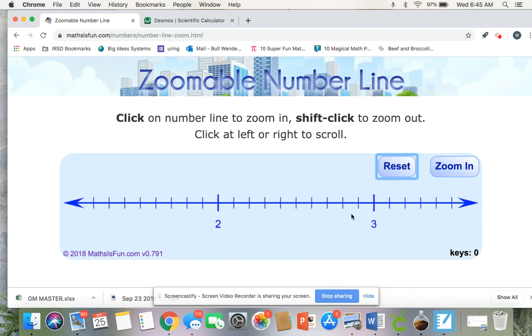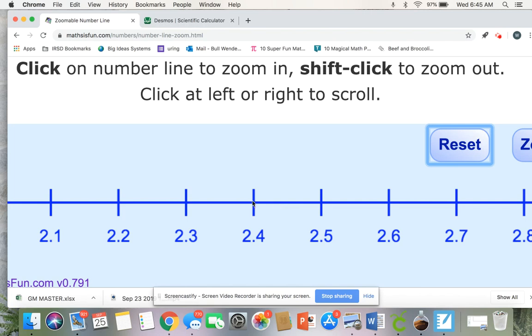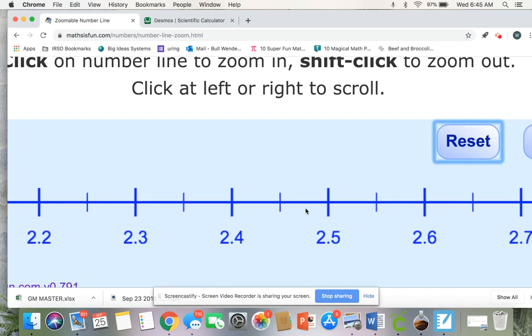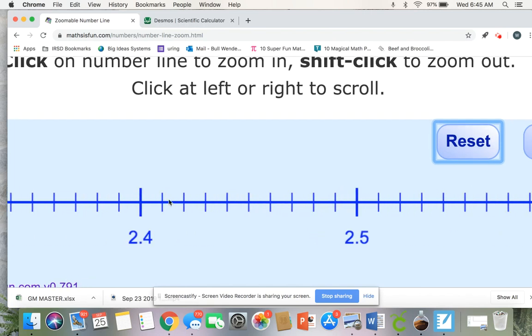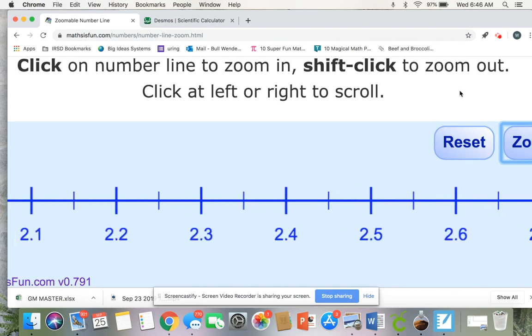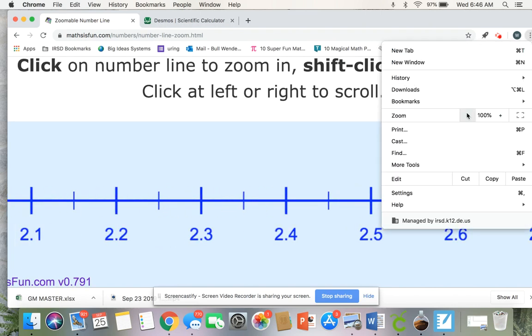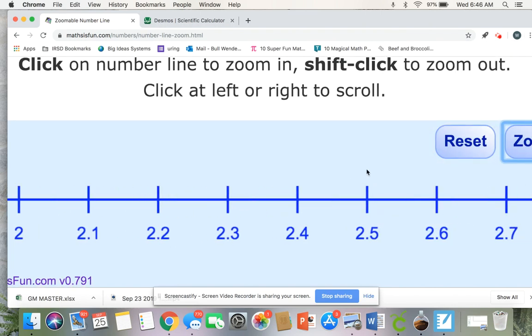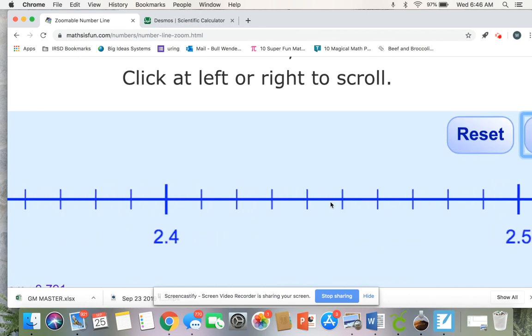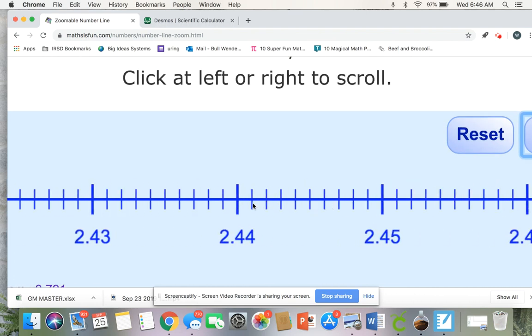Now in between 2 and 3, I've got tenths places. Now in between each tenths place, I have hundredths places. So this would be like 2.41, 2.42, 2.43. And then if I continue to zoom in, I now have thousandths places.